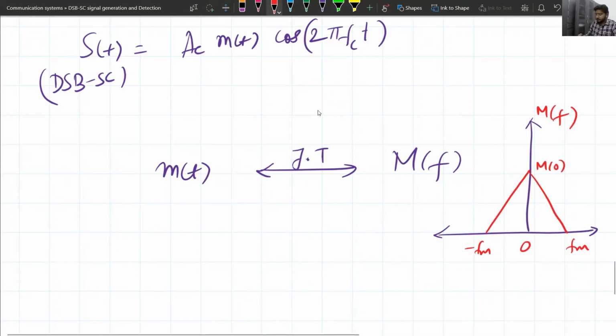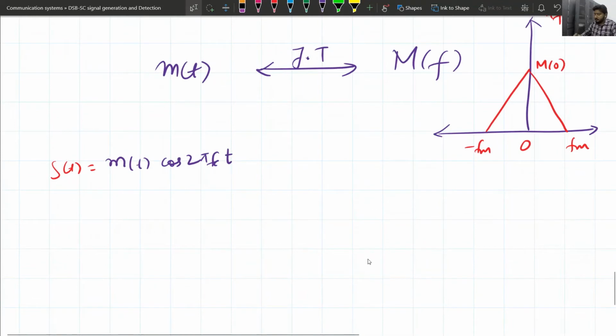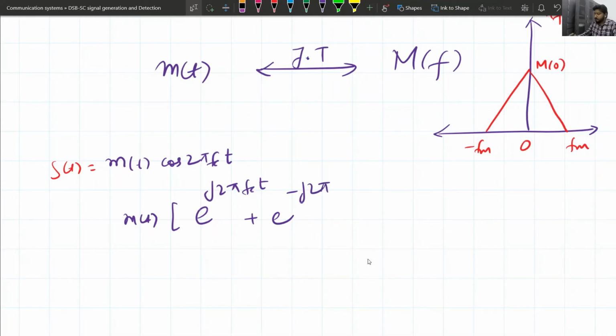Then the s(t) signal will be m(t) times cos 2 pi fc t. Writing in exponential form, we can write e to the power j 2 pi fc t plus e to the power minus j 2 pi fc t upon 2.